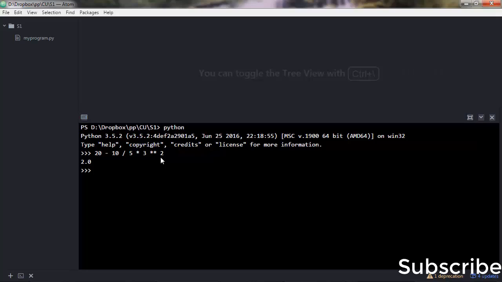Actually, division and multiplication are on the same level when talking about order, but the one that is first will be executed first. So in this case, division is the first one, so what will happen here is Python will ignore minus for now, so it will divide 10 by 5 and it will give 2, and then it will do 2 times 9.